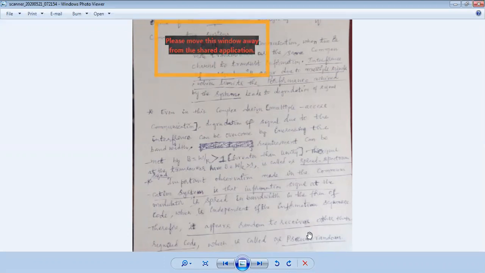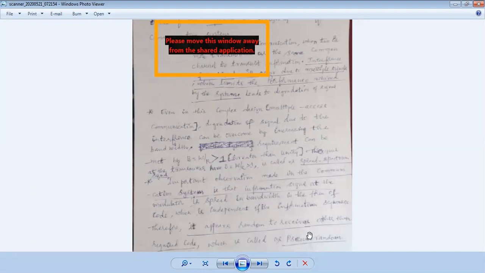The requirement is the bandwidth expansion factor, W/R, which should be greater than 1. When you use this, we are allowing a multiple access communication system, with efficient utilization of the channel bandwidth, under the condition that W/R is greater than 1.